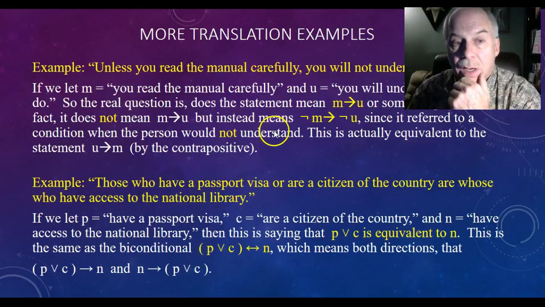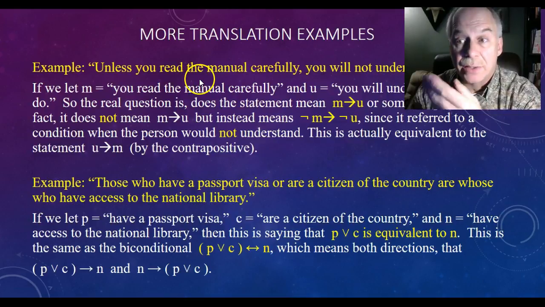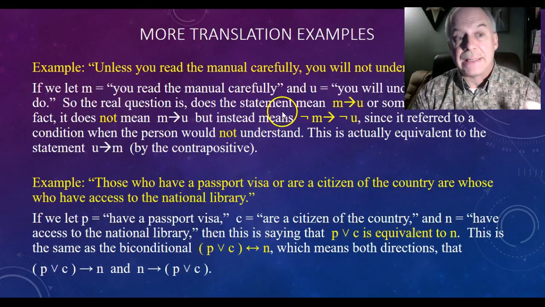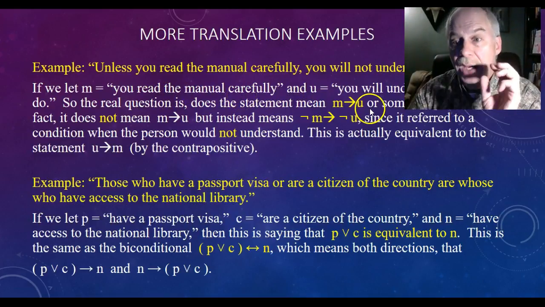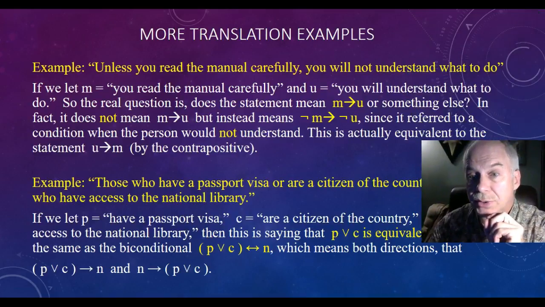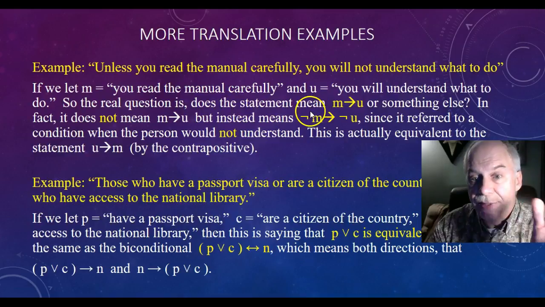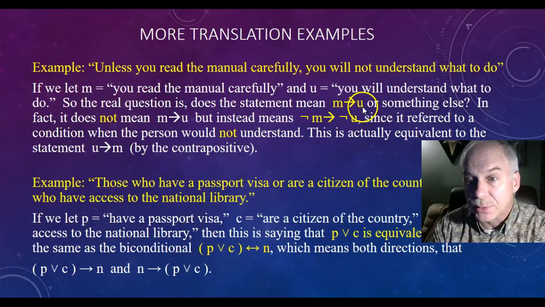example. Unless you read the manual carefully, you will not understand what to do. So if we let M equals you read the manual carefully, and U equals you will understand what to do. So the real question is, does the statement mean if you read the manual, then you'll understand what to do? Or does it mean something else?